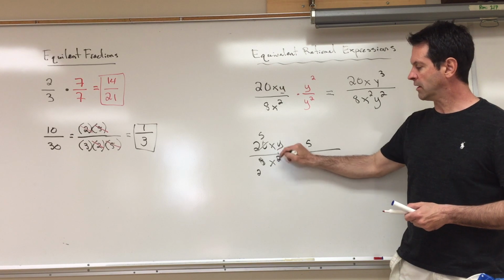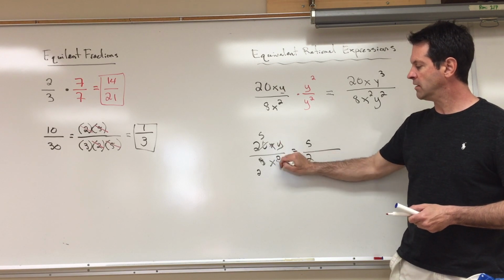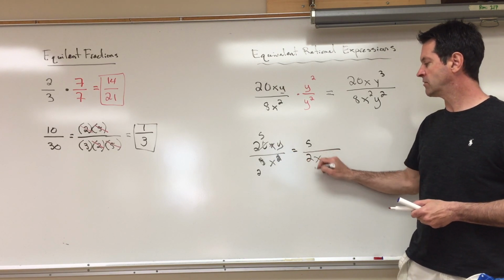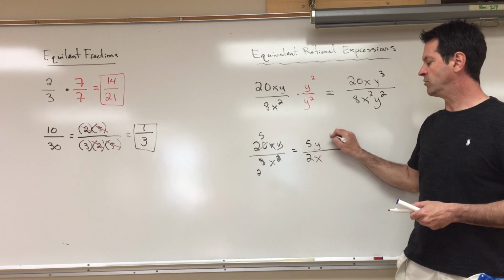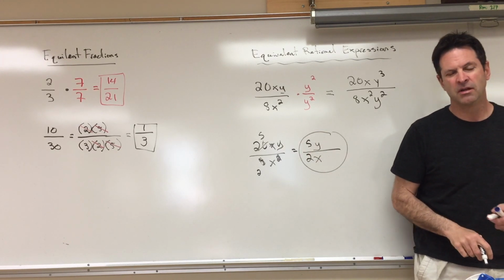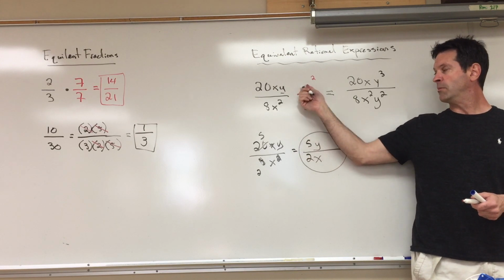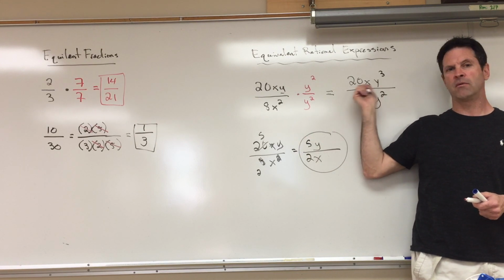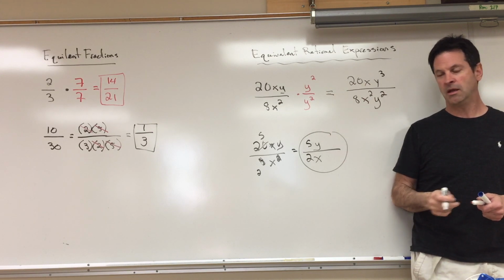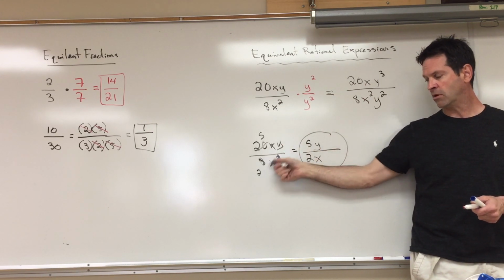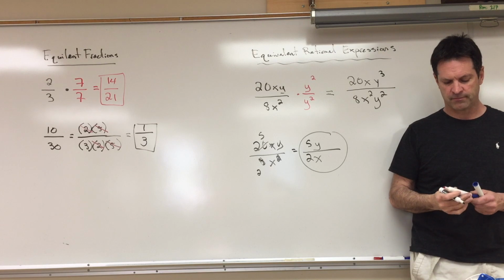The x's are being multiplied, so they can cancel out, leaving one x on the bottom. And I still have a y in the top as well. We've got ourselves an equivalent expression. The first one, we multiplied top and bottom by a common entity. And in the second, we took out a common factor from top and bottom.